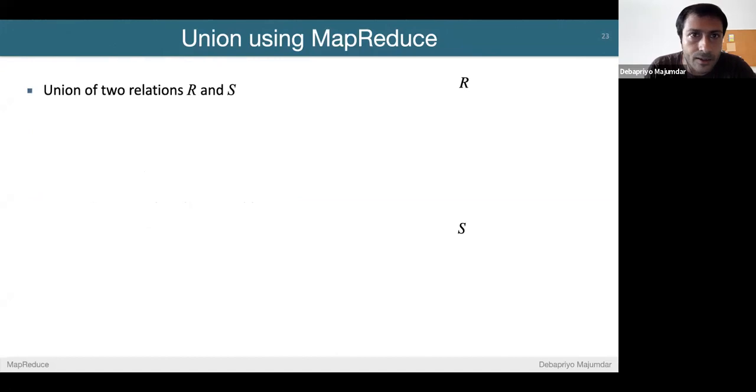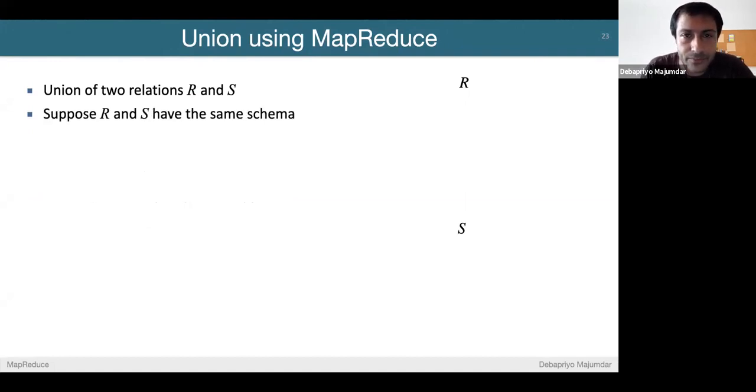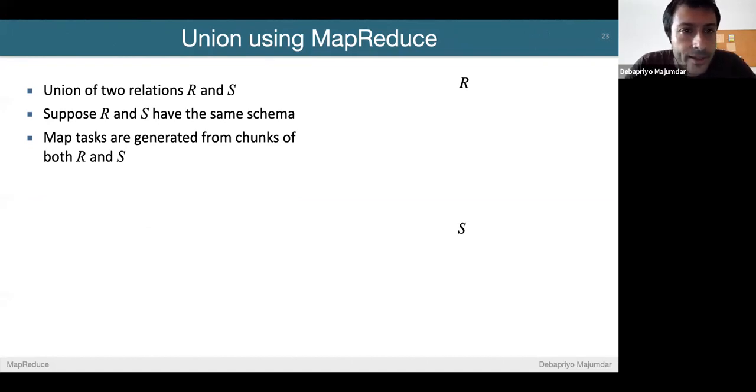Okay. So now we will do union. The union of two relations R and S, suppose R and S have the same schema. We need to generate another relation, R union S, which basically is like removing duplicates.